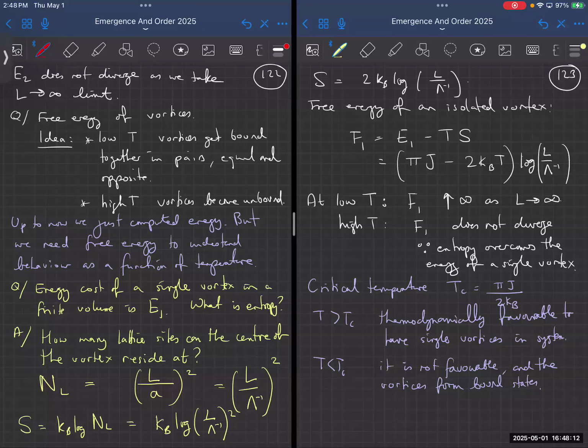And that's exactly true. So what we did was we neglected a proper accounting of vortex interactions.